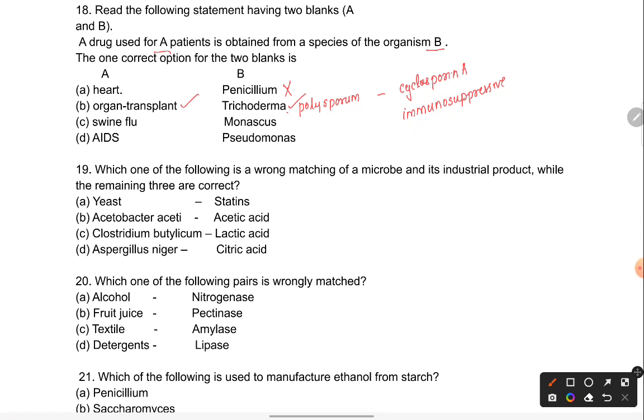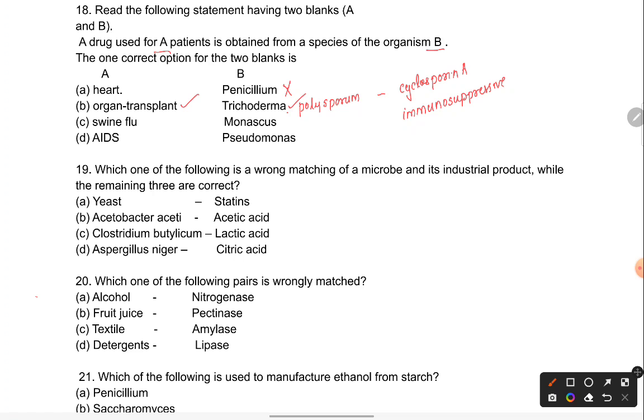Now see the 19th question. Which one of the following is a wrong matching of a microbe and its industrial product, while the remaining three are correct? So only one is wrong and the other three are correct. Number 1, yeast, statins; Acetobacter aceti, acetic acid; Clostridium botulinum, lactic acid; Aspergillus niger, citric acid.